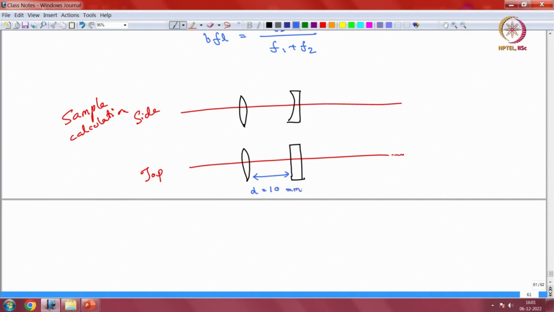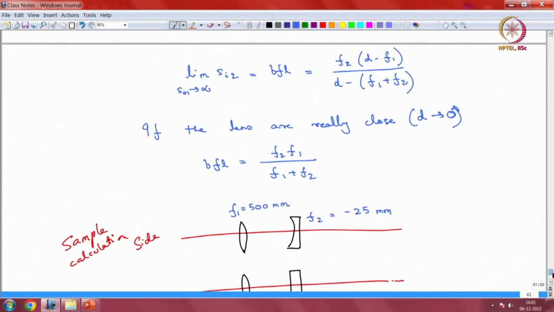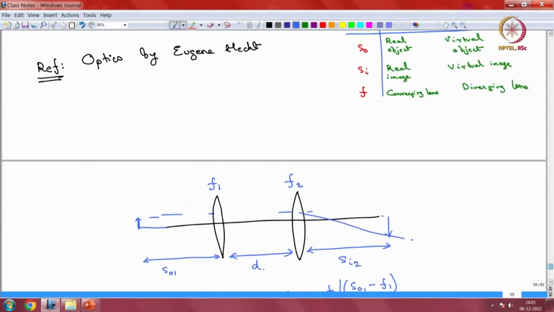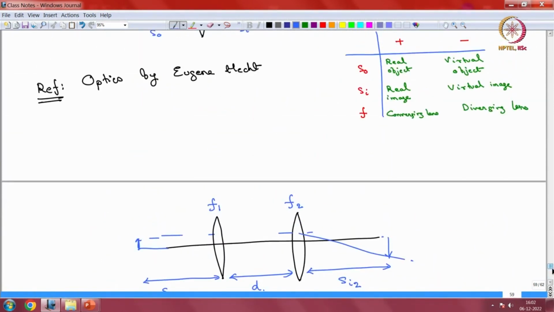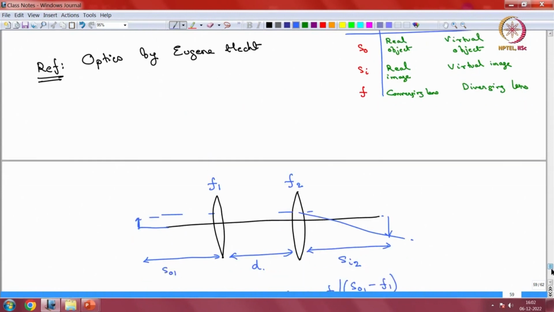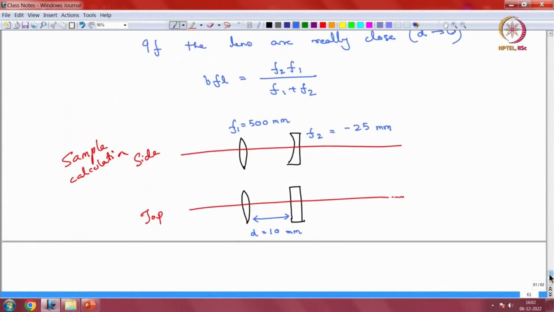The first lens is a spherical lens, the second lens is a cylindrical lens, and the focal lengths are provided to you. So, your first focal length f1 is 500 millimeter, and the second lens f2 is minus 25 mm. Now, you see the advantage of having set up the proper sign convention here. So, we know what a negative sign for f means, right.